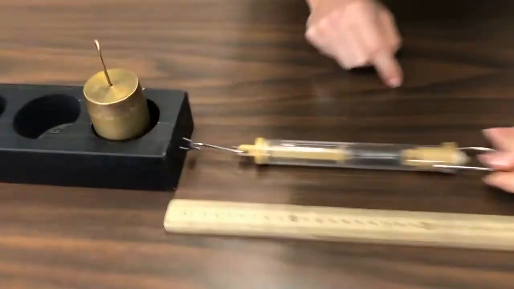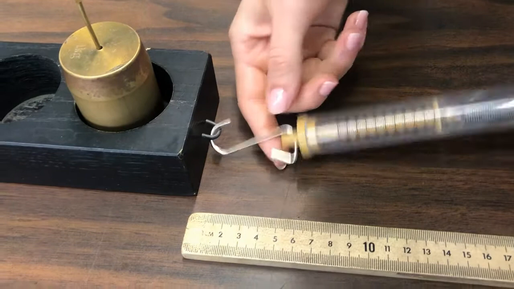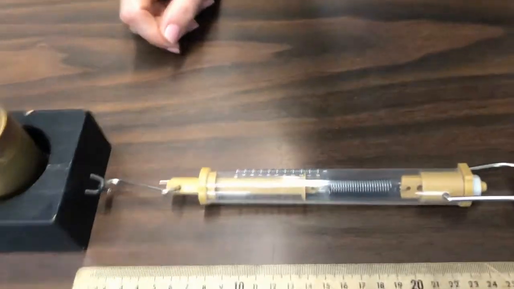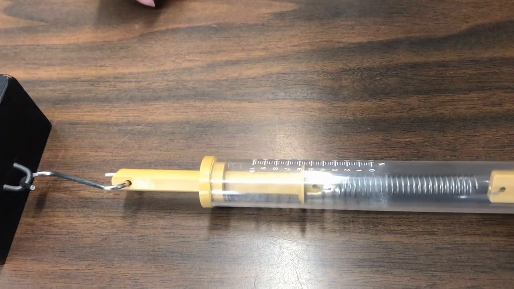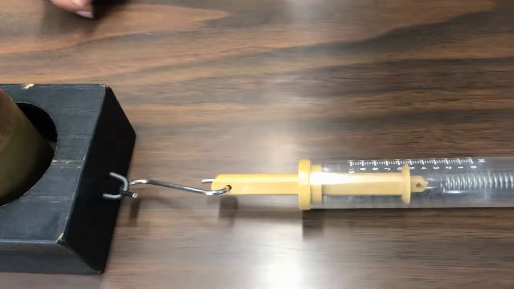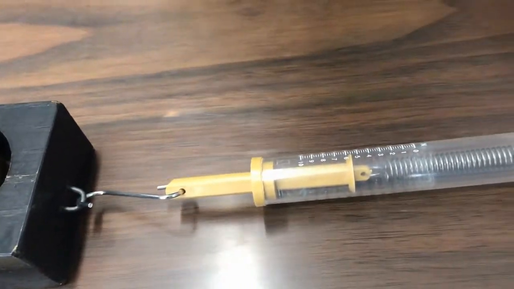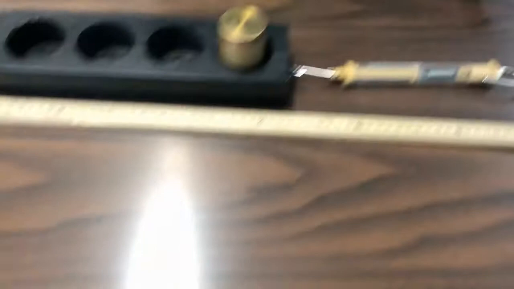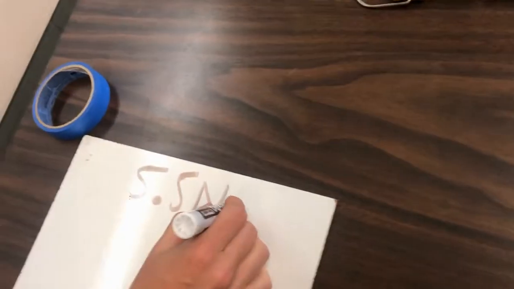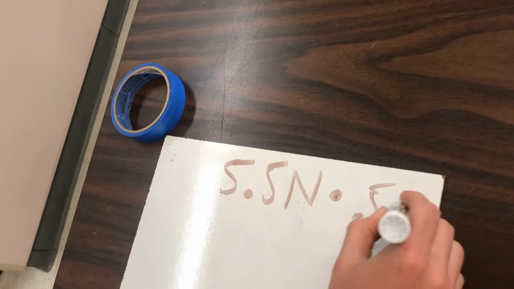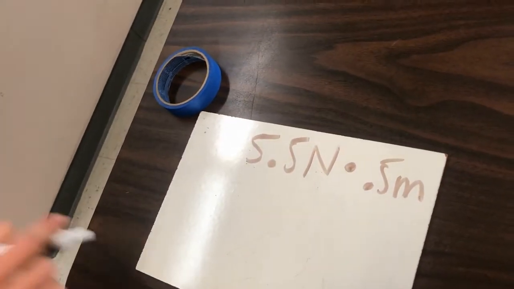It's going to be hard to keep it constant, but keep going. What do you want to call that? 5.5. Okay, so the force was 5.5 newtons, and the displacement was 0.5 meters.